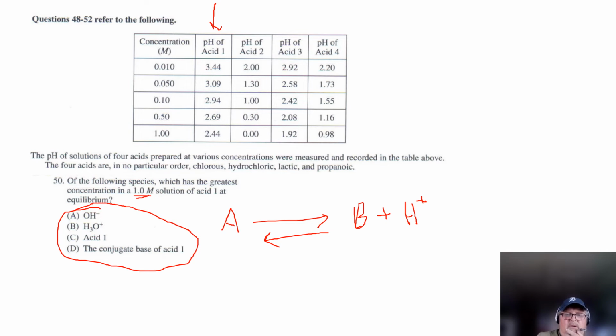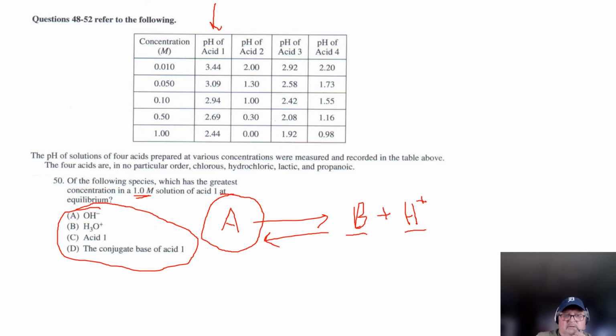We're looking at A. This is a very weak acid, since these numbers are high, which means it's a weak acid. That means most of it at equilibrium is going to be acid. Very little of it will be base or H3O plus or H plus.